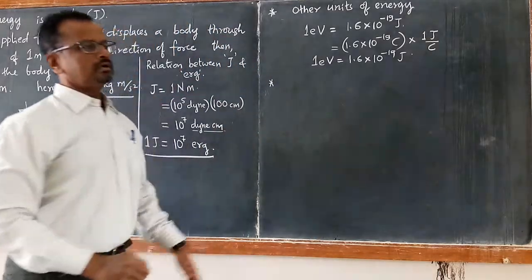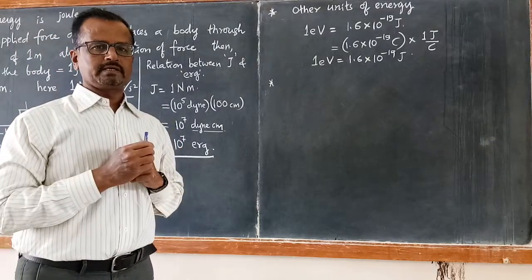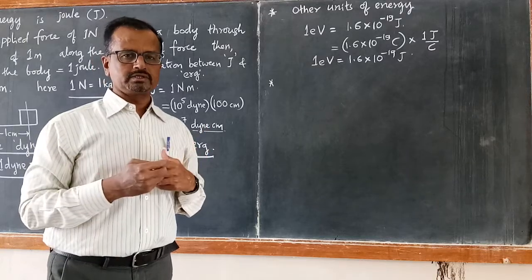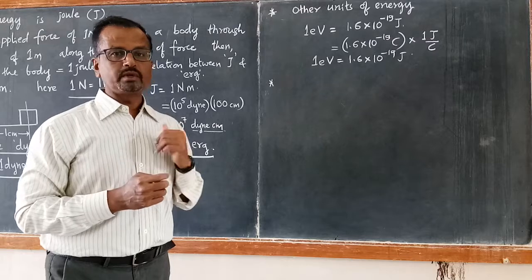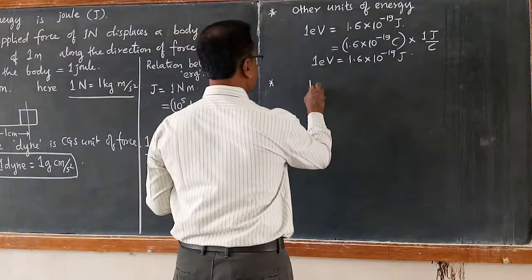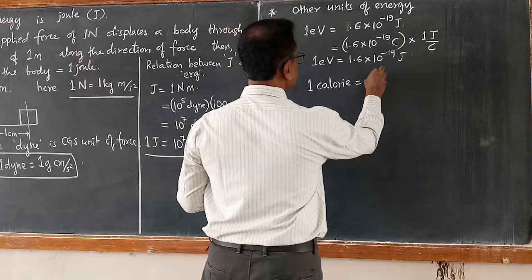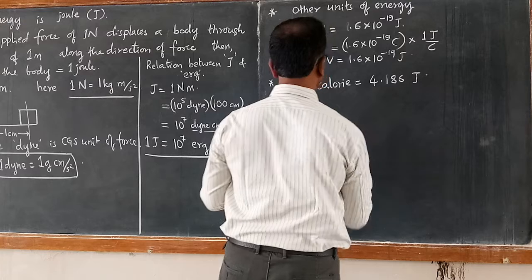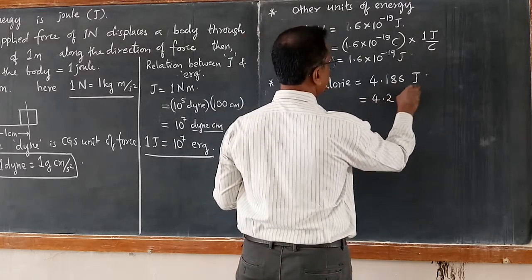One more unit of energy: as far as heat energy is concerned, as far as body energies and food energies are concerned, they are measured in calories. What is 1 calorie? 1 calorie is equal to 4.186 joule, or you can remember it as 4.2 joules.